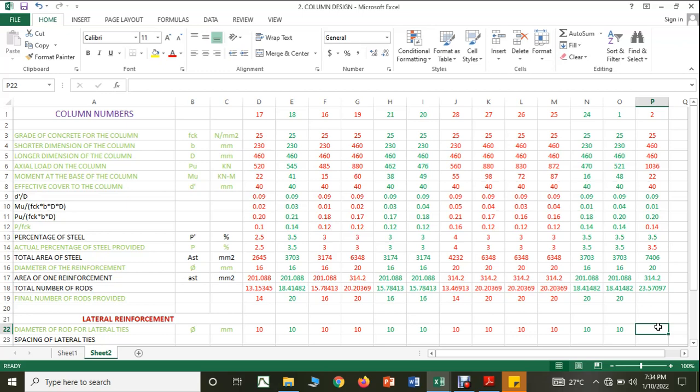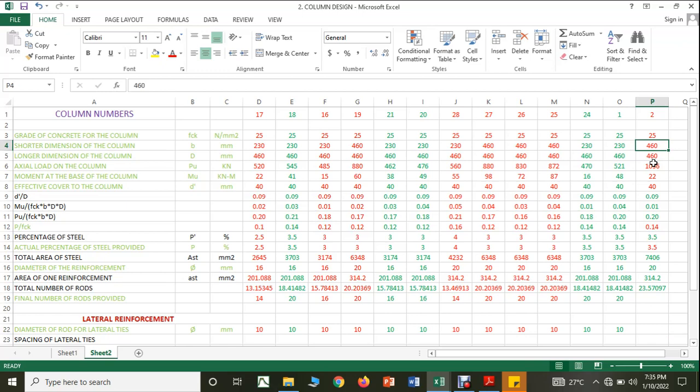Yes, the axial load on the column is heavy. 1036 is the axial load on the column. The only option I have is to increase my column dimension, but 460 is already existing, so it is a heavily loaded column.